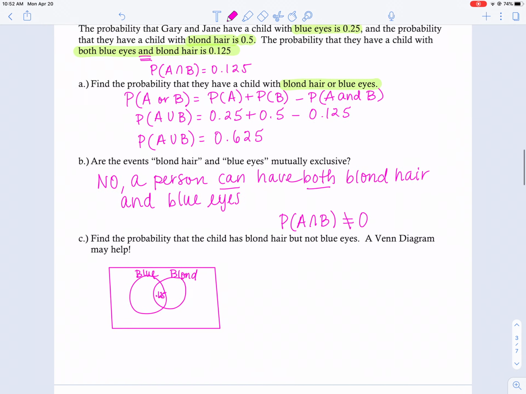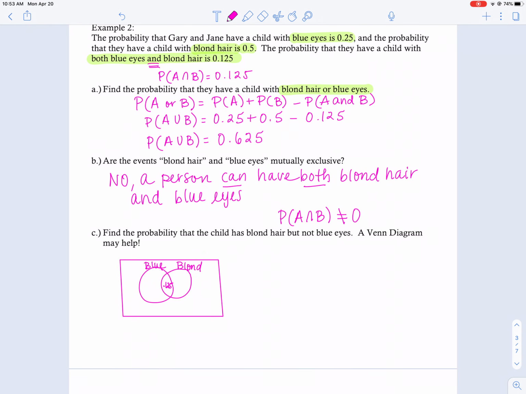Now you knew blue eyes, just blue eyes by itself, was 0.25. So now I have to take those blue eyes and subtract out that 0.125. So blue eyes should have a 0.125.